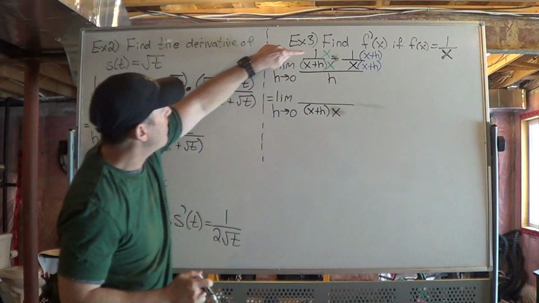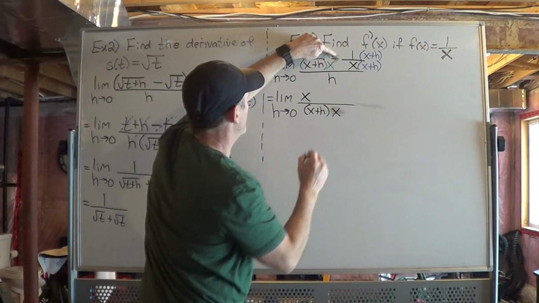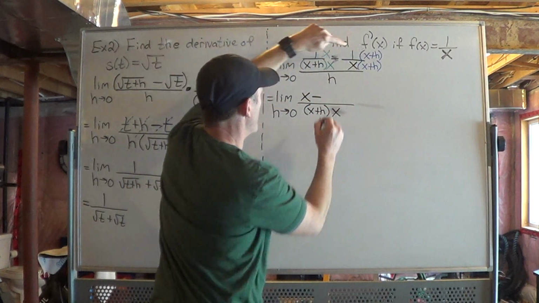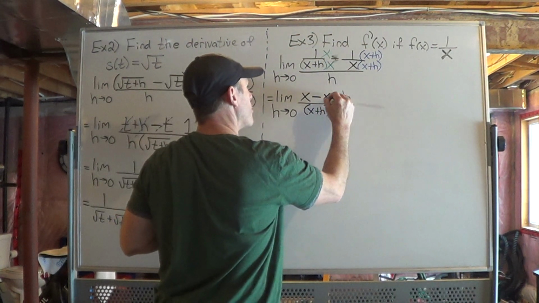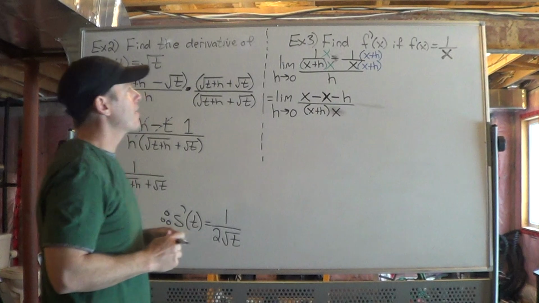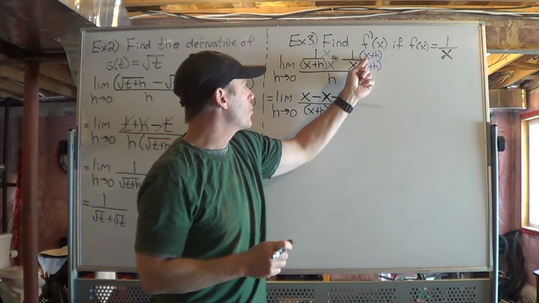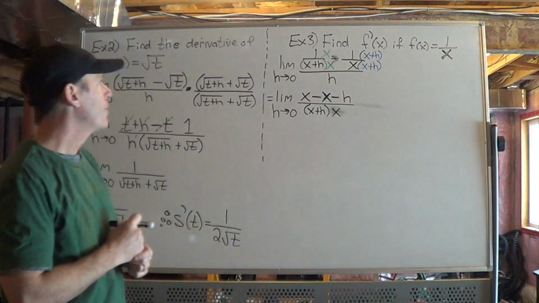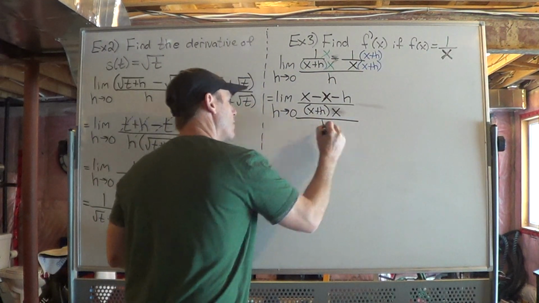On the top I'm going to have an x, and then minus 1 times x is a minus x, and then minus 1 times h, which is a minus h. I saw that a few people got stung by that before. This minus sign means it goes across both the x and the h. And then of course that's all divided by h.